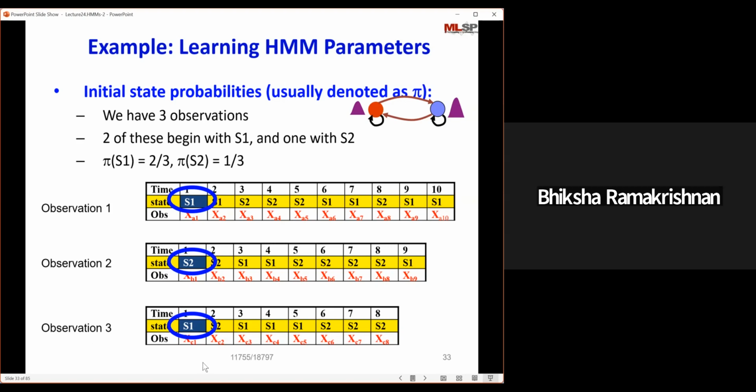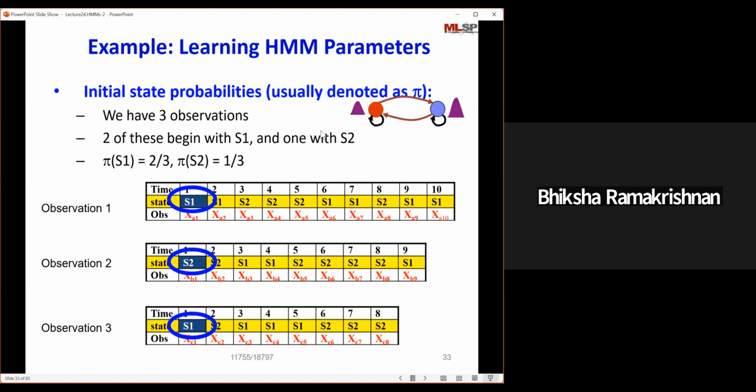So given this, if I asked you, what is your best estimate for the probability that the system will be in state S1 at the first time instant? What would you tell me? Given this, 2/3, right? And S2 is going to be 1/3. It's just counting, straightforward, right?